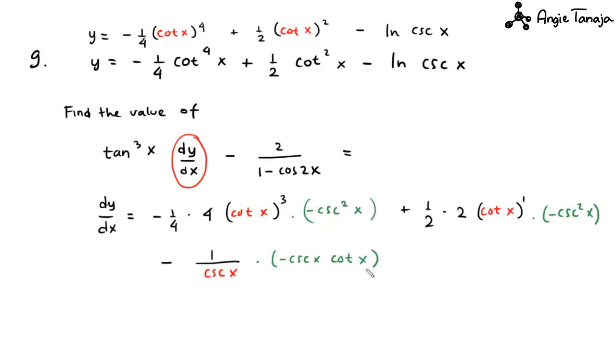Ya itu tadi, saya melihatnya sebagai chain rule. Negatif 1/4 x pangkat 4. Berarti kan 4 kali x pangkat 3. Nah ini bukan x, berarti di chain rule.